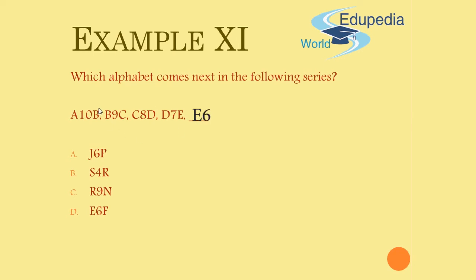And then again I have a letter that goes from B to C to D to E, so in the fifth word it should become F. So my answer should be E6F. That is option D.